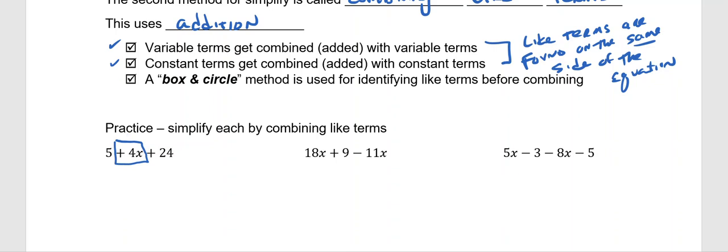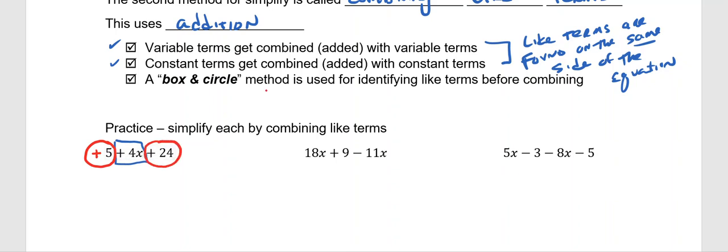But I do see more than one constant term. I can put a circle around this 5, and we know that 5 is positive. If it helps you to put a plus sign in front of it before you put the circle, it might be good practice. And I know this 24 is also positive because of the plus sign.